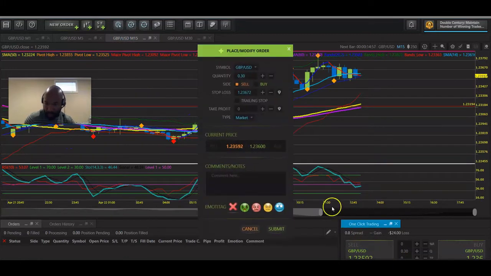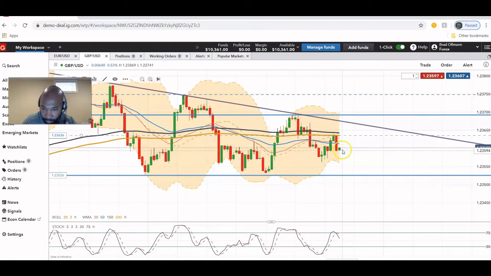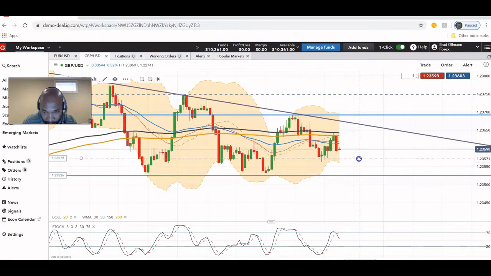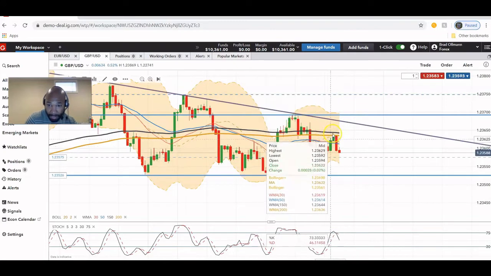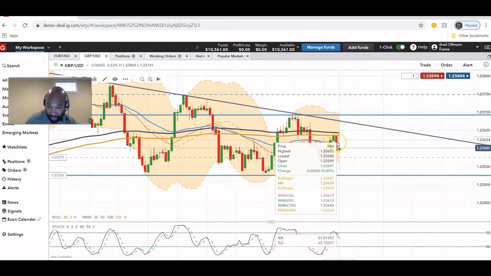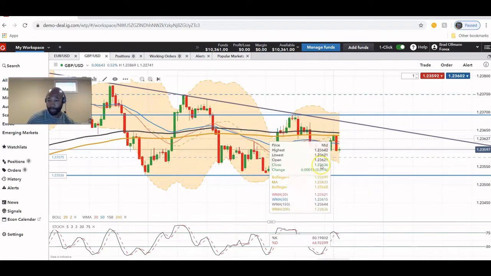Be prepared. See, take your time. Take your time, relax. So that's the line. If it crosses this, I'm in. And then hopefully it crosses this line and then does not reverse past these. That's really it. One has to be willing.